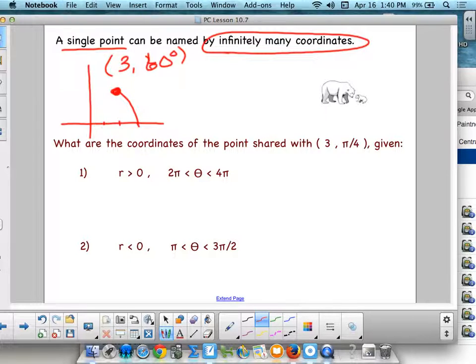So give me another set of coordinates that means exactly that point, Frankie. 3, 420.